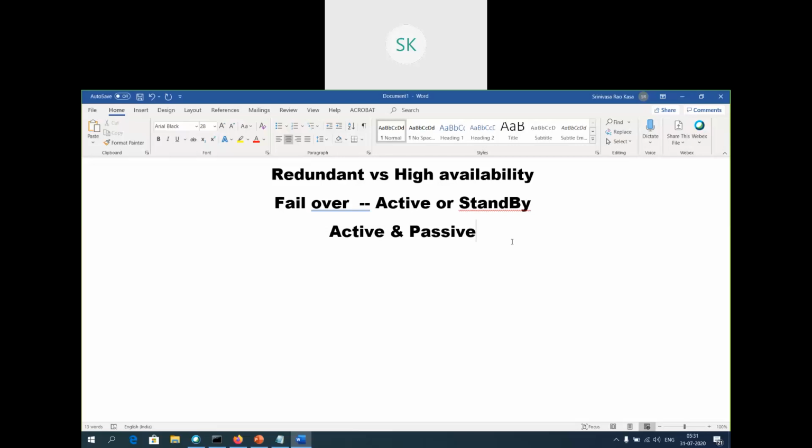For example, that hard disk went wrong, some issue, due to which I'm not able to access any files on that particular hard disk. What will happen? My operating system is not going to load, and whatever data I saved on that hard disk, I'm not going to get the information. So what about the second hard disk?